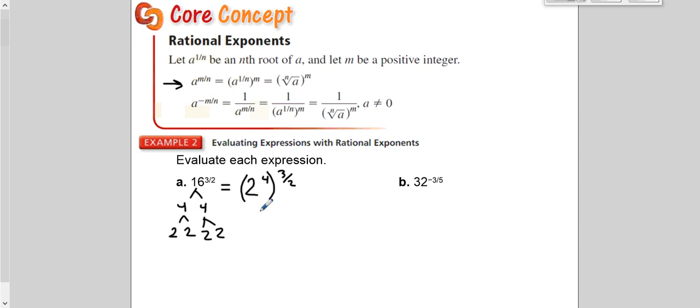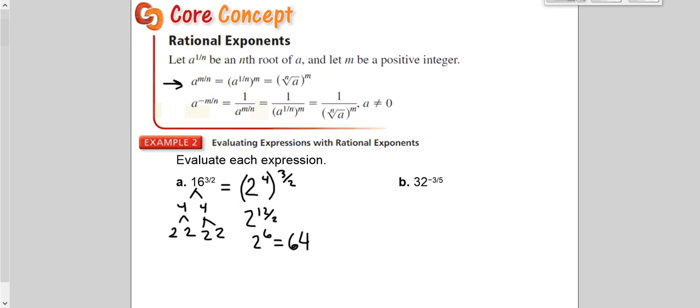We can multiply, so this would be 2 to the 12th power, 12 over 2, and 12 over 2 is 6. 2 to the 6: 2, 4, 8, 16, 32, 64. All right, that is one way to use this information.